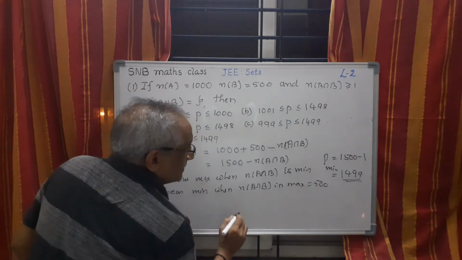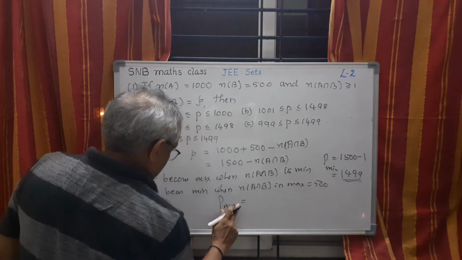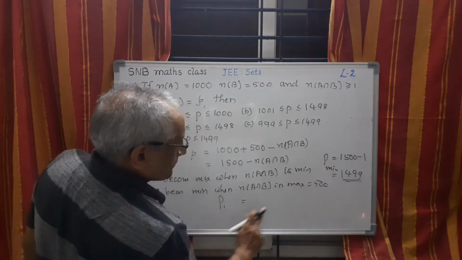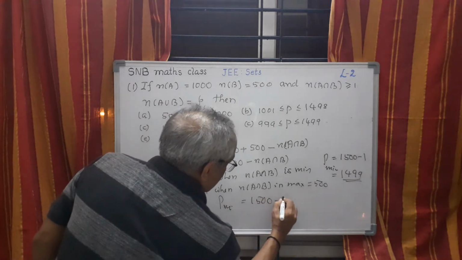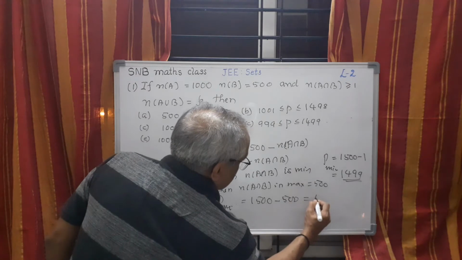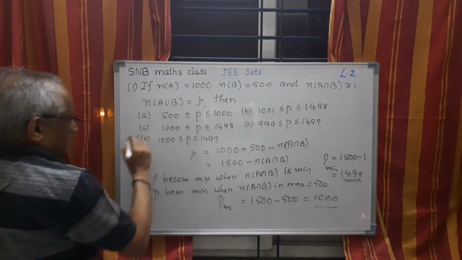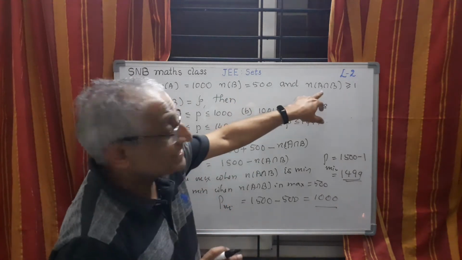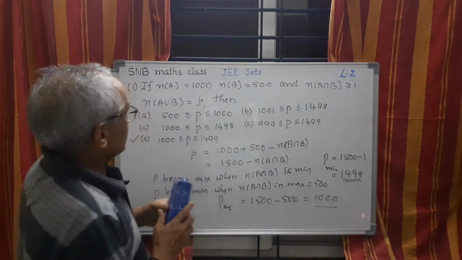Therefore, P minimum will be equal to 1500 minus 500, so this is 1000. So therefore, definitely E is the option. See here how beautifully the second condition is hidden, so that we have to find out. So this is a good question actually.